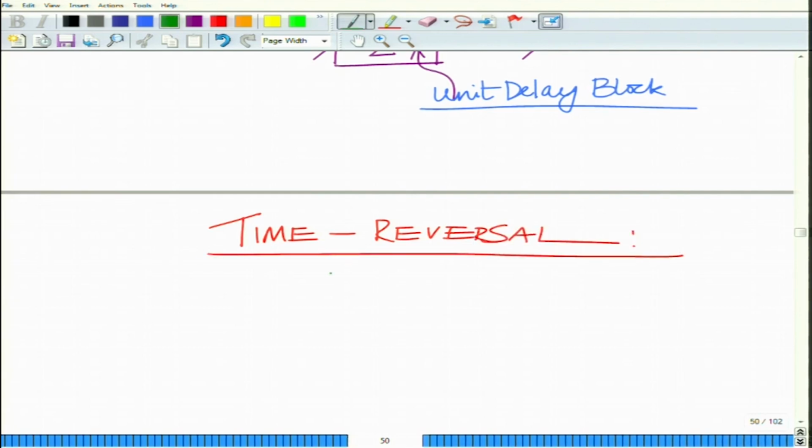In time reversal, what we have is x tilde of n equals x of minus n, and let us say the ROC of the Z transform is R. So, you are basically reversing the time, that is, you are reflecting it about the y axis.